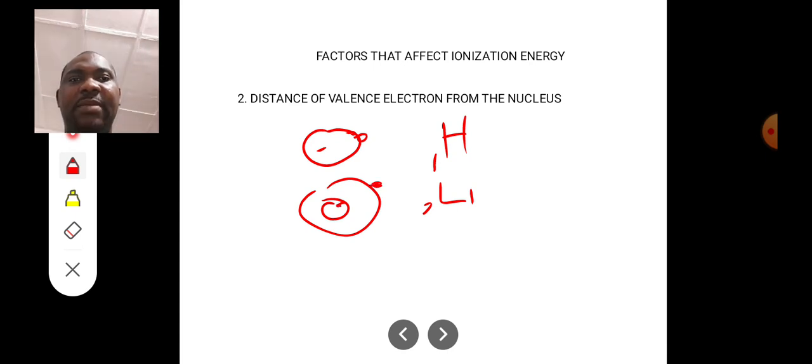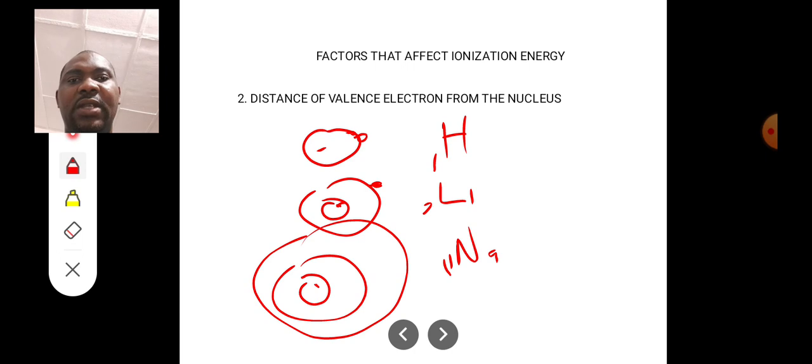You see, the gap keeps increasing. Look at sodium. Sodium is 11: 1, 2, 3. This is the nucleus here, and this is the electron here. It keeps going, so it's easier to knock off the electron here. So as you go down the group, it keeps getting easier to remove an electron. That is why ionization energy reduces as you go down the group.